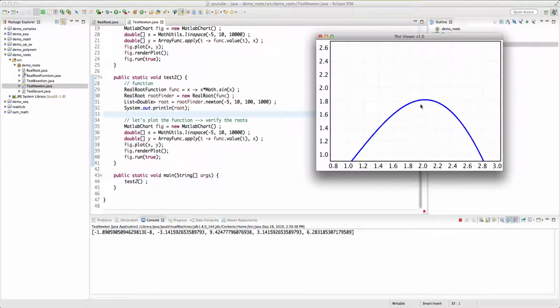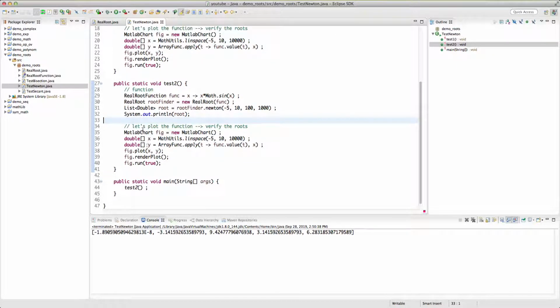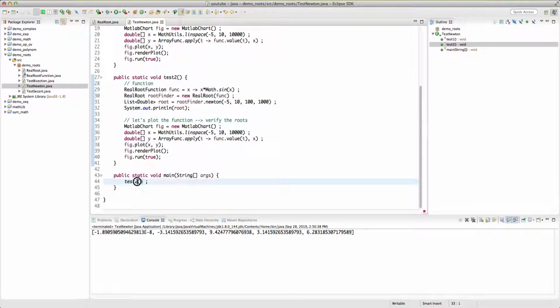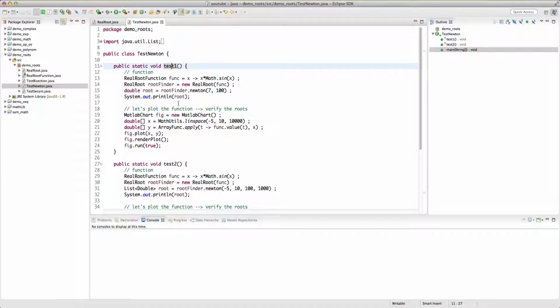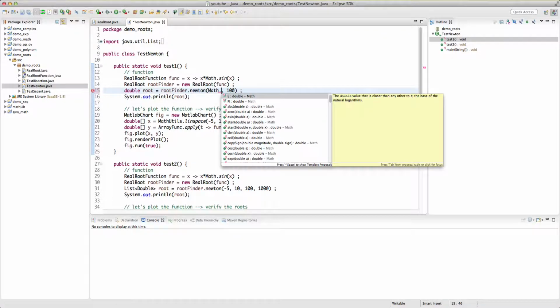Now here we were looking for all the roots, but let's try to find one root, which is test number 1. The function is x times sine of x, and I want to find the root with the start guess of Math.PI.